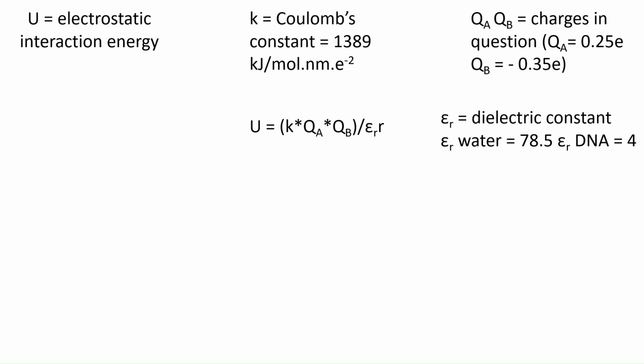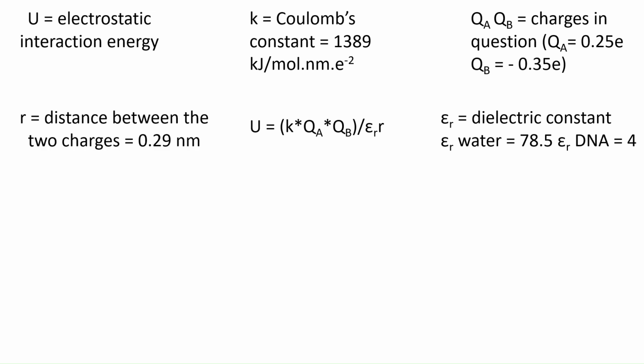Then the dielectric constant, which is for water, it is 78.5, and for DNA, it is given as 4. And ultimately, the distance, which is given as 2.9 angstroms, but since our Coulomb's constant has the units of nanometer, we have converted this into nanometer, which comes to 0.29 nanometer.